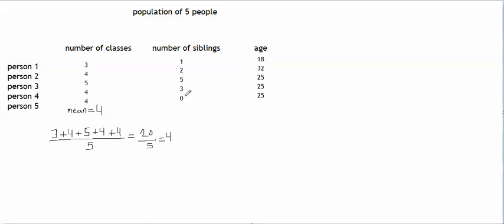Let's find the mean number of siblings. We have to add up the 5 numbers and divide the total by 5. We divide by 5 since we have 5 numbers. One plus 2 is 3. 3 plus 5 is 8. 8 plus 3 is 11.